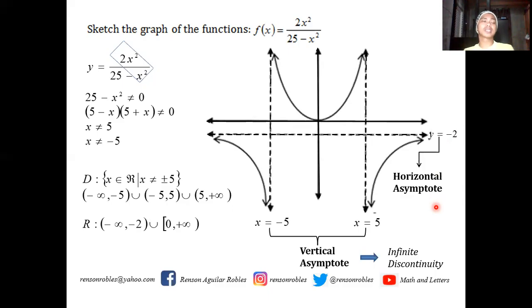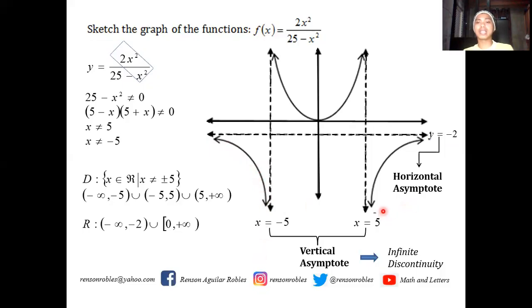Okay. So this is the behavior of the curve. And you will notice that for the curve of 2x squared over 25 minus x squared, as x approaches a very large number to the left, y gets closer and closer to -2. And similarly, when x gets closer and closer to -5, y approaches -infinity.